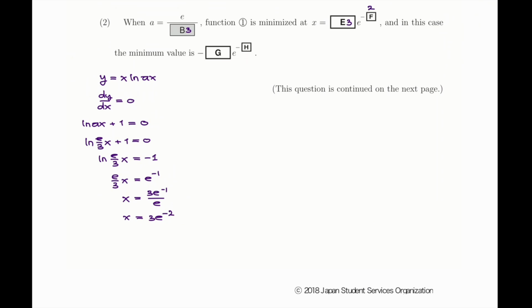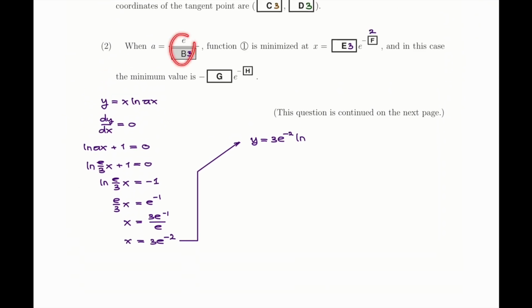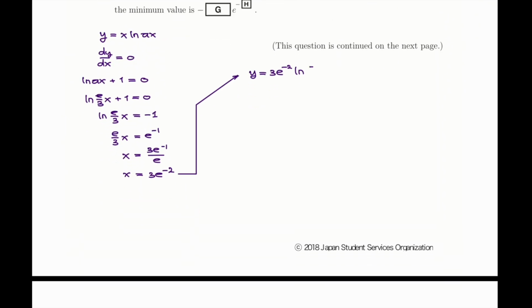If we want to find the minimum value, just substitute x into the function. So for x equals 3e to the power of negative 2, we will get y is equal to x ln ax. Substitute x by 3e to the power of negative 2, and ln a, don't forget a is e over 3, times x, 3e to the power of negative 2.